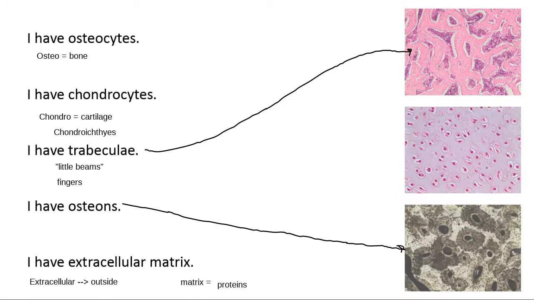So part of the extracellular matrix, the stuff that's outside the cell, is the proteins on the outside. The other thing on the outside of the cell is something called ground substance. So for this phrase, extracellular matrix, just think of matrix as the stuff, everything I have outside of my cells that live in these tissues.